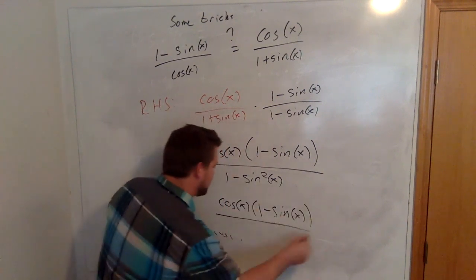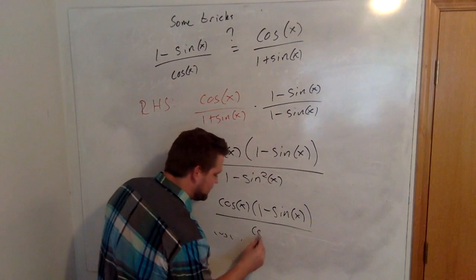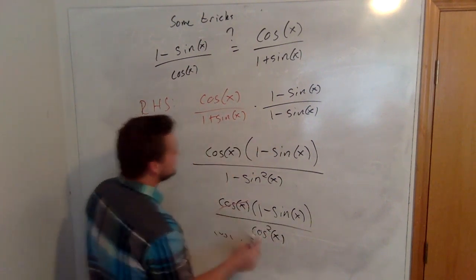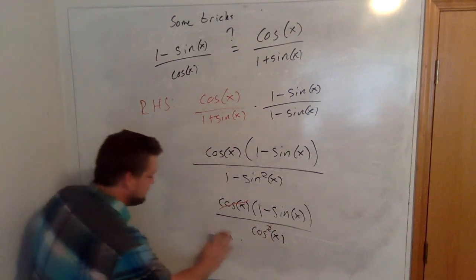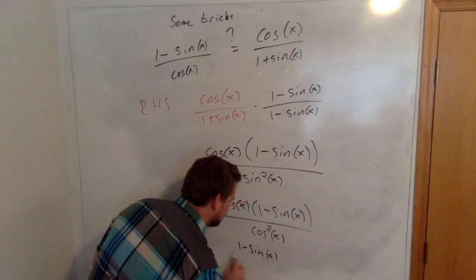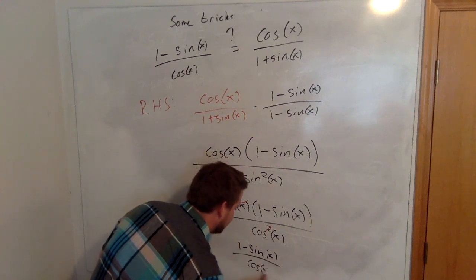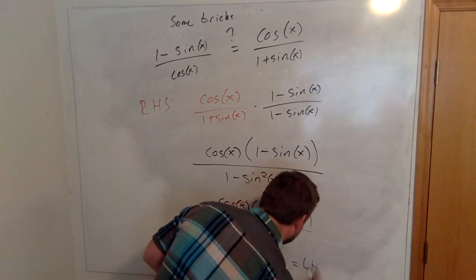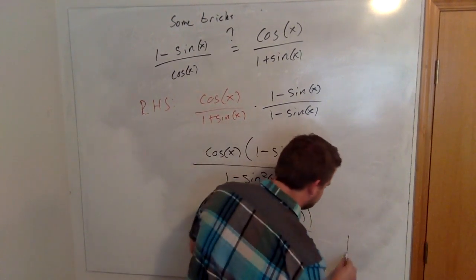The bottom, using that Pythagorean identity, is cosine squared of x. Well, look, these cancel, and we're left with a 1 minus sine of x all over cosine of x, which is equivalent to the left-hand side. And we're finished.